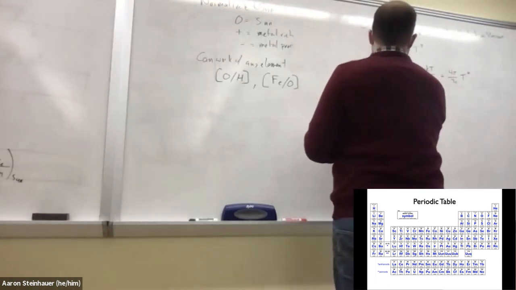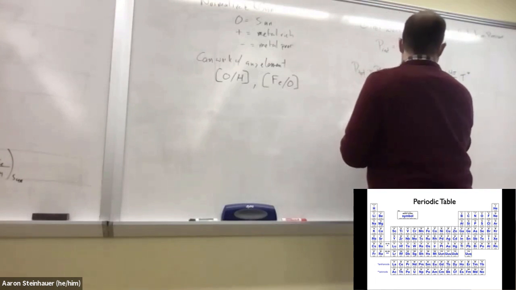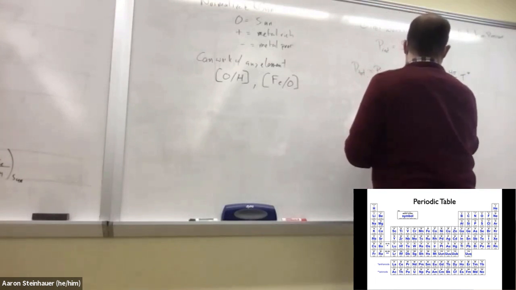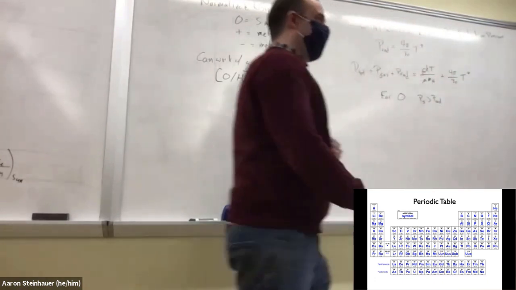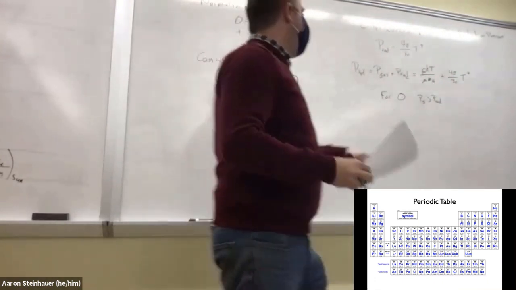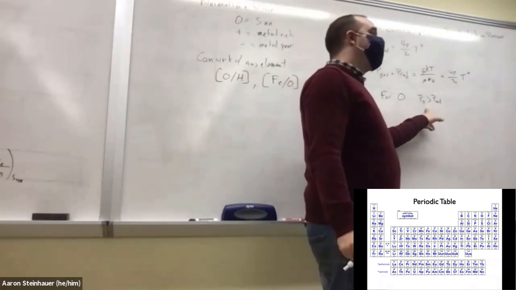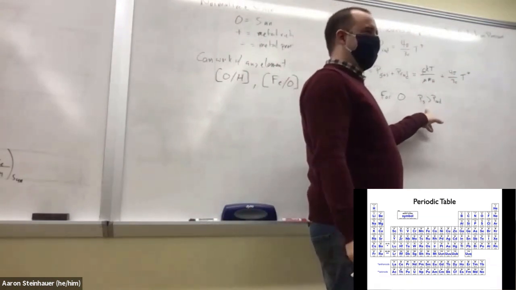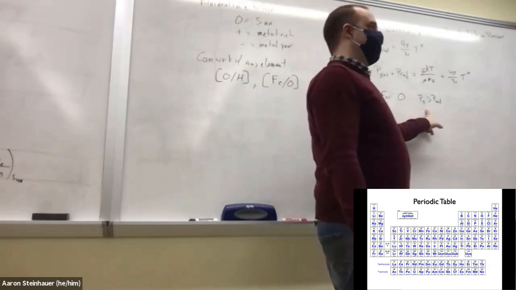Now, for the sun, P gas is greater than P rad. So this is the more important term in that equation. But there are astrophysical instances where the radiation pressure is not only bigger than the gas pressure, it's much bigger than the gas pressure. And so you can't ignore it in all situations.